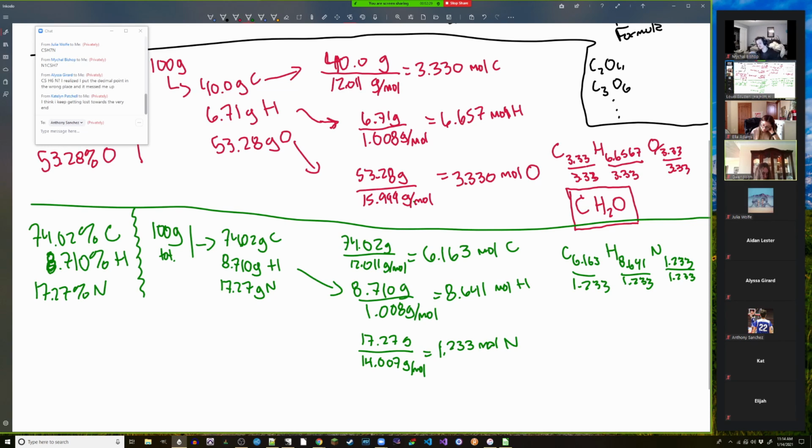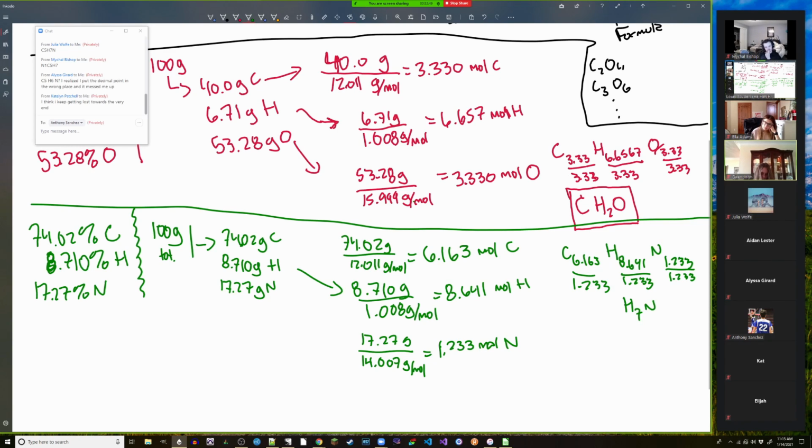I'll do that in my calculator here. So when I divide by the 1.233 for hydrogen, I get 7.008. That's close enough that I'm going to round it to 7.